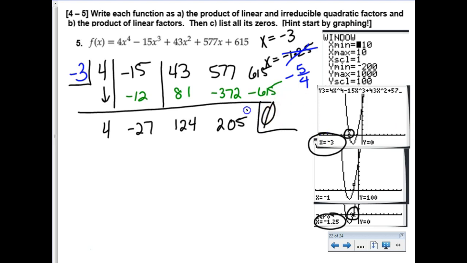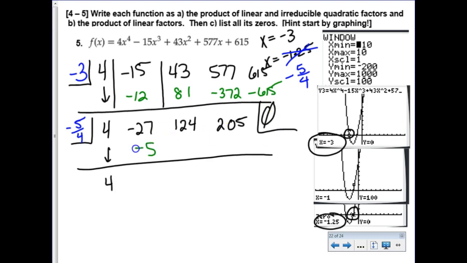But we're not done. We still have a cubic, too big. So we're going to do synthetic division on, you can call it the negative 1.25 if you want, or if you didn't have a calculator and had to do mental math, the fraction would be easier, negative 5/4. Either way, I'm just going to rely on you guys. 4 times negative 5/4 is negative 5. Thank you.